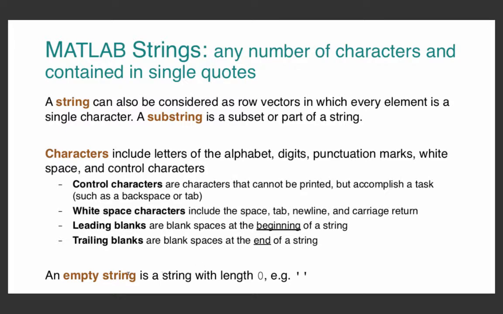The empty string is just a string with length 0, e.g. just 2 single quotes without anything inside, a string of nothing. Sometimes when I say empty string, people may think it's a string with a single character, but a string with a single character is not empty. It has a single character. So by empty string, I'm always talking about the unique string of length 0.